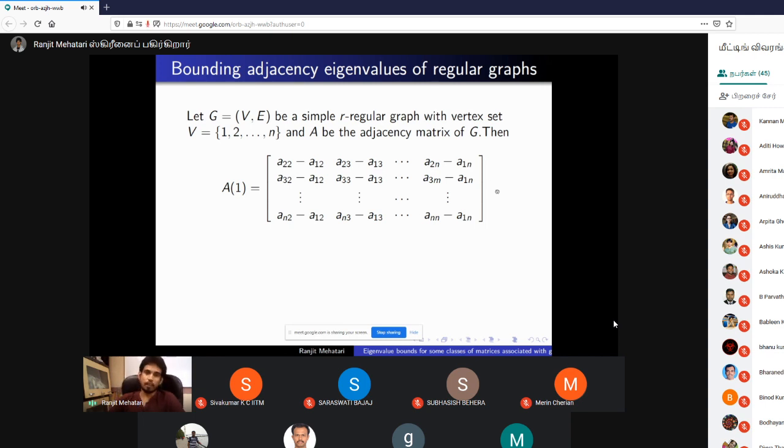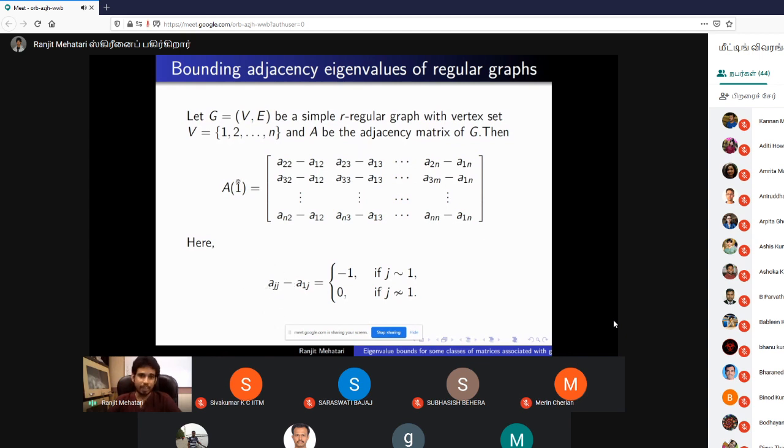Right? Now we find the Gershgorin disks of A_1. First we find the centers of those disks. Possible centers are A_jj minus A_1j. Since we are considering the adjacency matrix, A_jj is always 0.